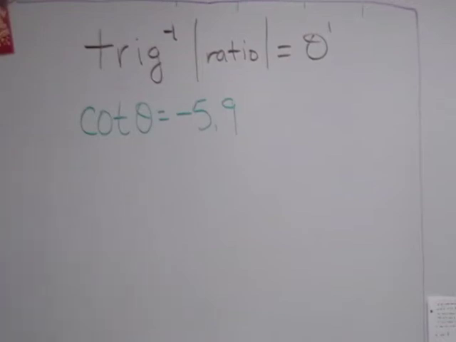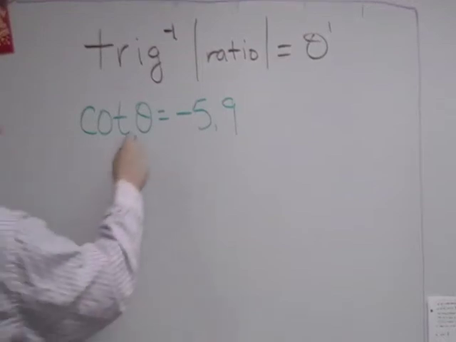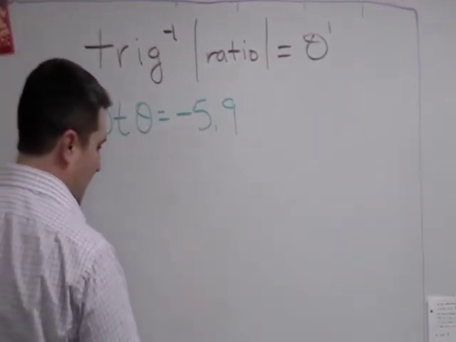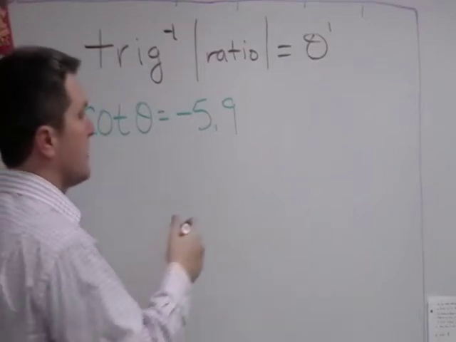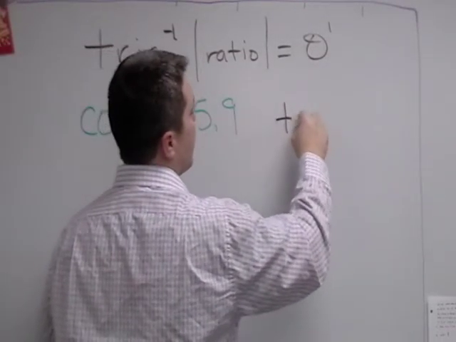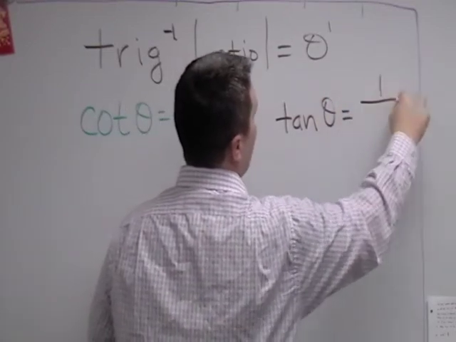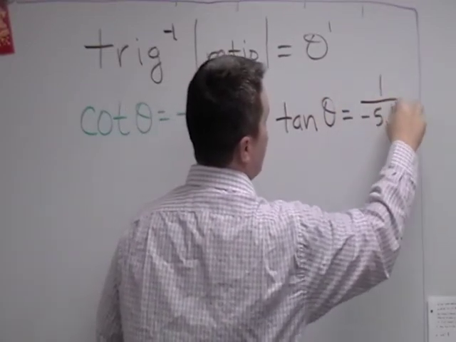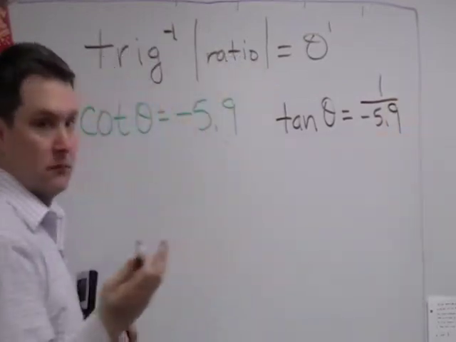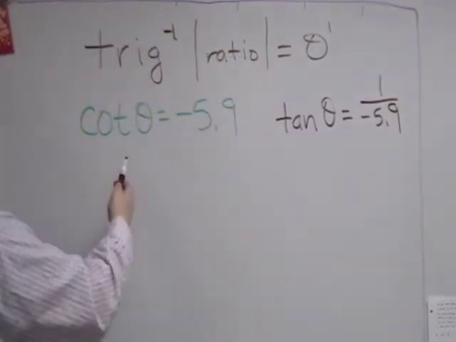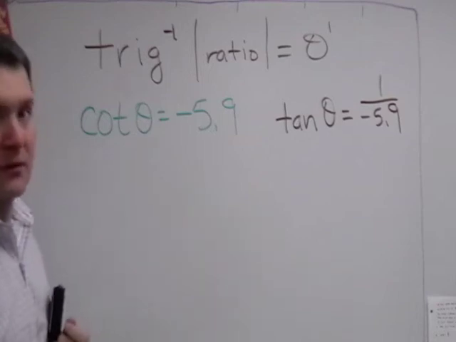Okay, that's the ratio, negative 5.9. We're looking for the theta. All right, now obviously we don't have cotangent inverse. So we're going to change this to tangent of theta equals 1 over negative 5.9. Okay, we've learned all the time, if you know cotangent, tangent is its inverse.